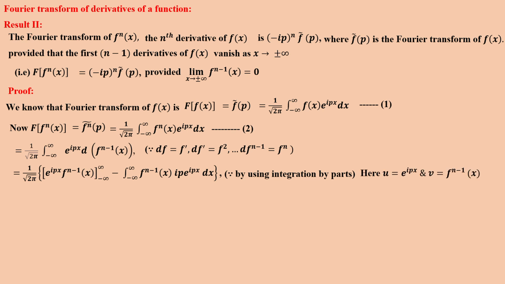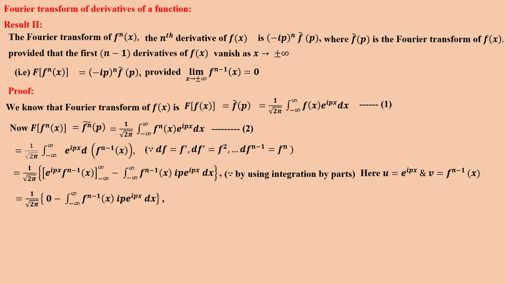So we know the given condition is limit x tends to plus or minus infinity, f^(n-1)(x) is equal to 0. So whenever you are putting upper limit infinity and lower limit minus infinity, f^(n-1)(x) tends to 0. So first term becomes 0 using the condition whenever we are putting upper limit and lower limit, right?